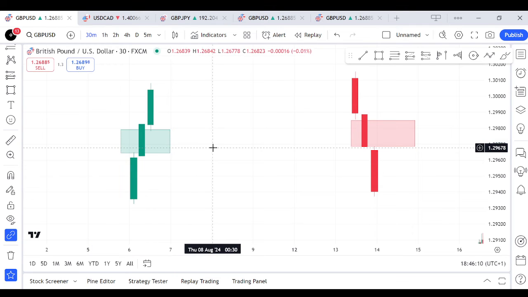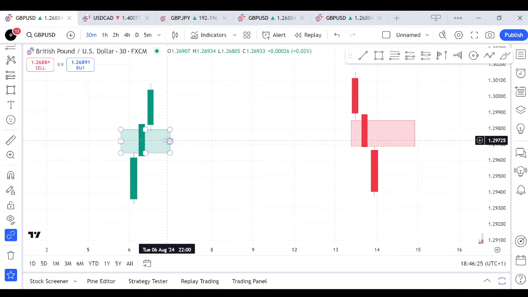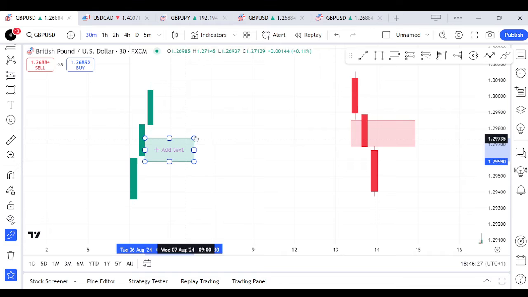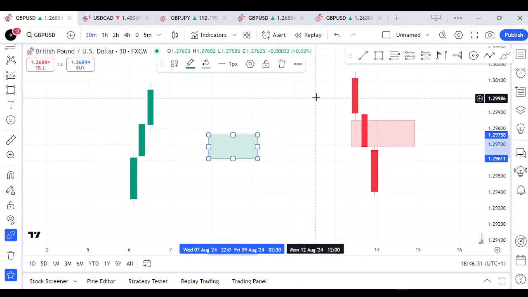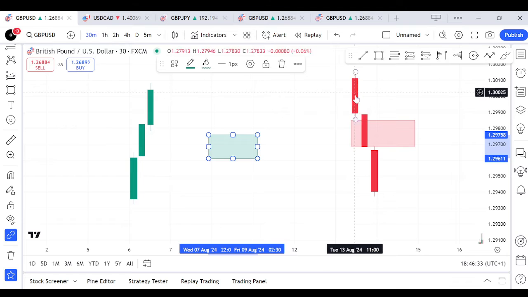So these gaps appear when large market players such as institutions make significant moves that create temporary inefficiencies. When you look at your charts, you notice FVGs form between three candles. As you can see, this is 3 consecutive bullish candles, and this is 3 consecutive bearish candles.